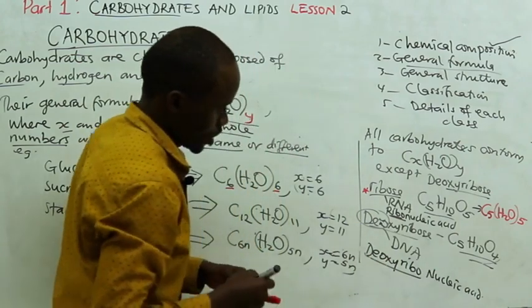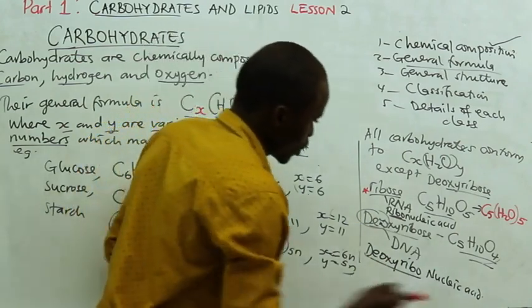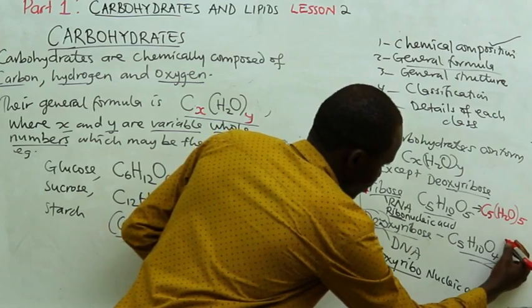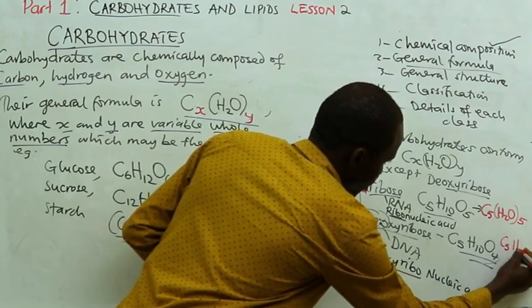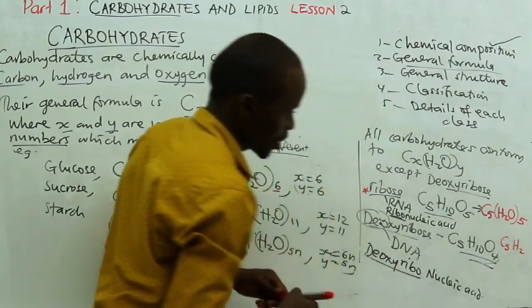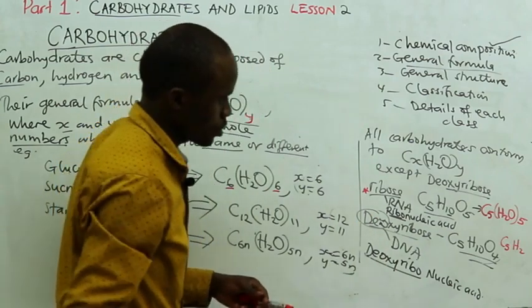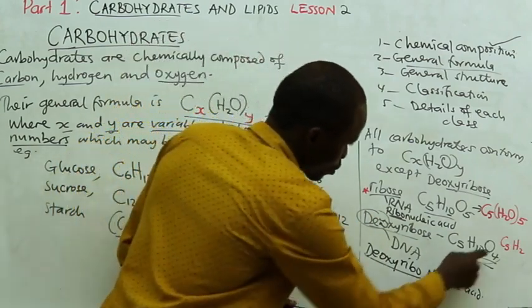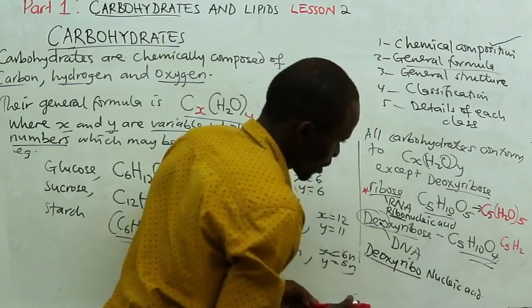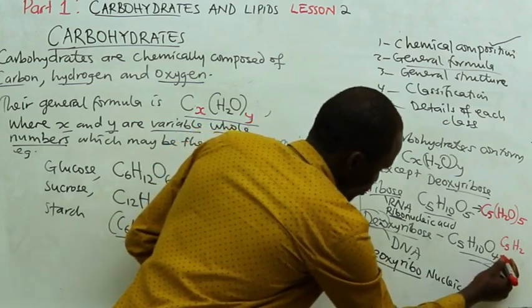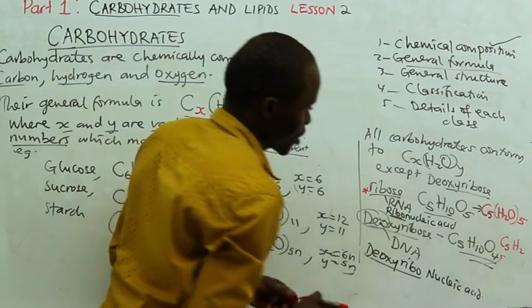But when it comes to deoxyribose, it is C5H10O4. Actually, it can't work out, because the only way it could work out is if this was 5, like the way we have seen it there.